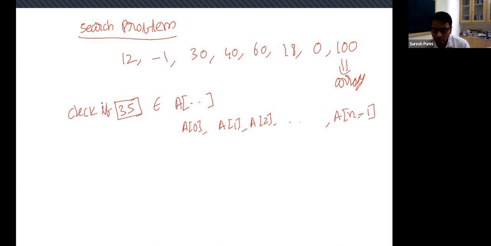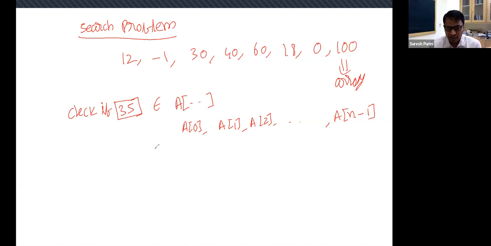So what is this algorithm? In this algorithm, we are searching the whole array, one element after another. We compare 35 with 12, with -1, 30, so on and so forth. When the element is not present in this array, how many comparisons are required? Array size is n.